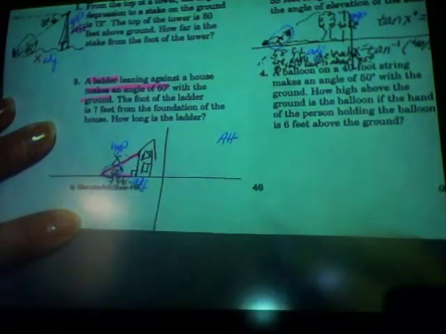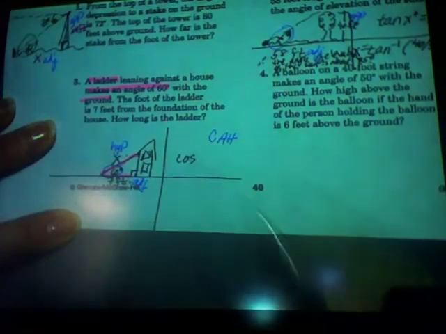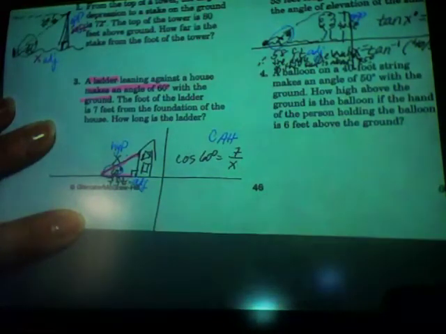So I have AH. Is that so, ka, or toa? Ka. So we're looking at cosine. Do I know my degrees? 60. And then my ratio is A over H. So adjacent is 7. My H is x.